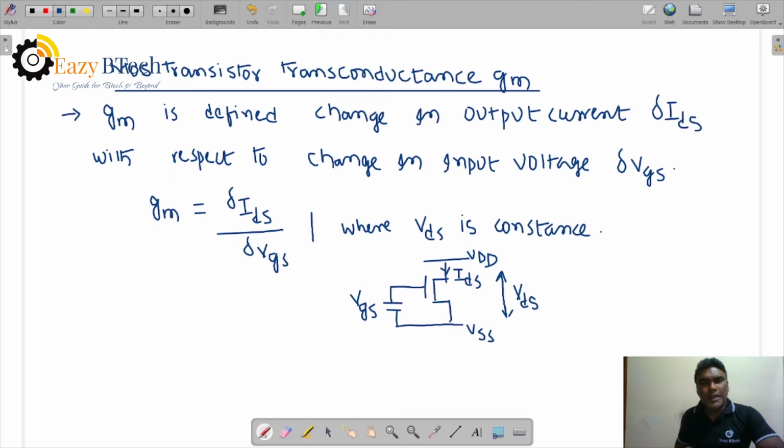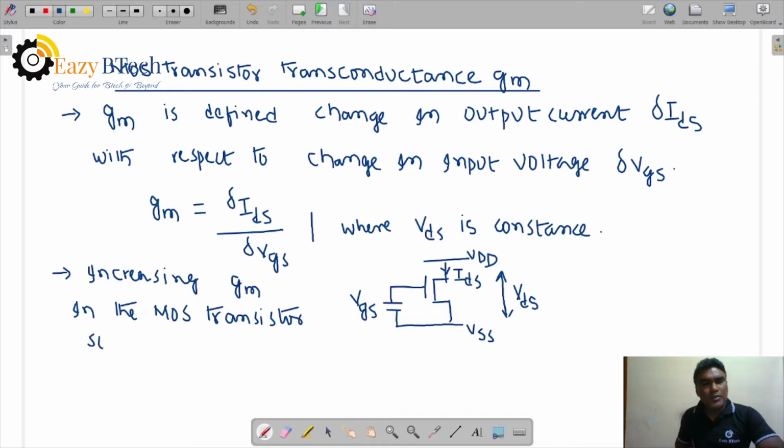If you increase the transconductance, increasing GM in the MOS transistor, the switching speed increases, so it will switch on or off speedily.